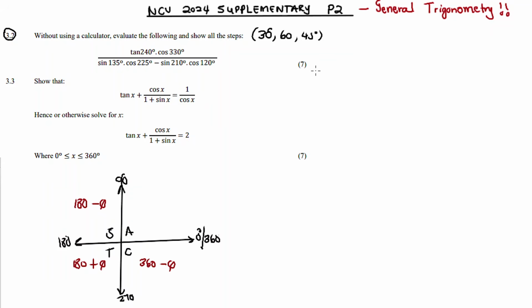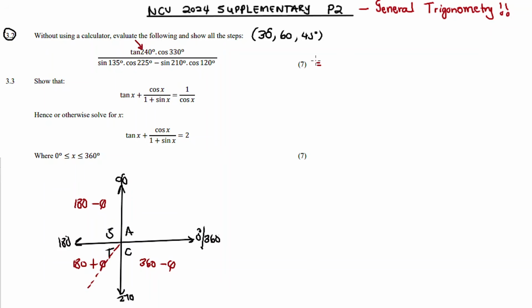Now, we're going to start with this one, tan 240 degrees. How do we reduce these obtuse and reflex angles to special angles? We ask ourselves, where is 240 degrees found on the Cartesian plane, in this CAST diagram? 240 is found in the third quadrant, right?